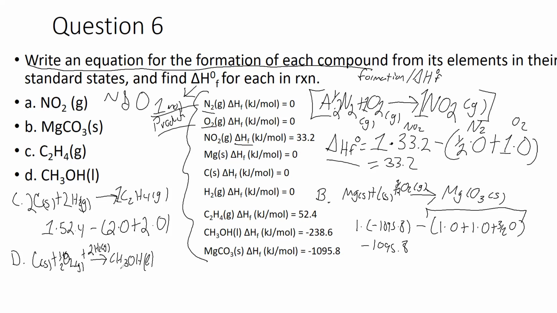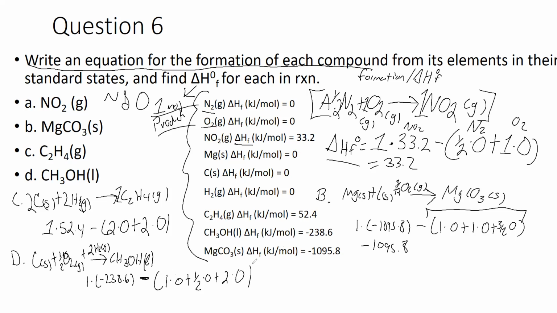So to do delta H of this, 1 mole of CH3OH is 1 times delta HF of CH3OH, negative 238.6, minus, because now we're going to the reactants, 1 mole of carbon times 0 plus 1/2 mole of oxygen times 0 plus 2 times delta H of hydrogen, 0. So negative 238.6. That's the setup for these types of problems.